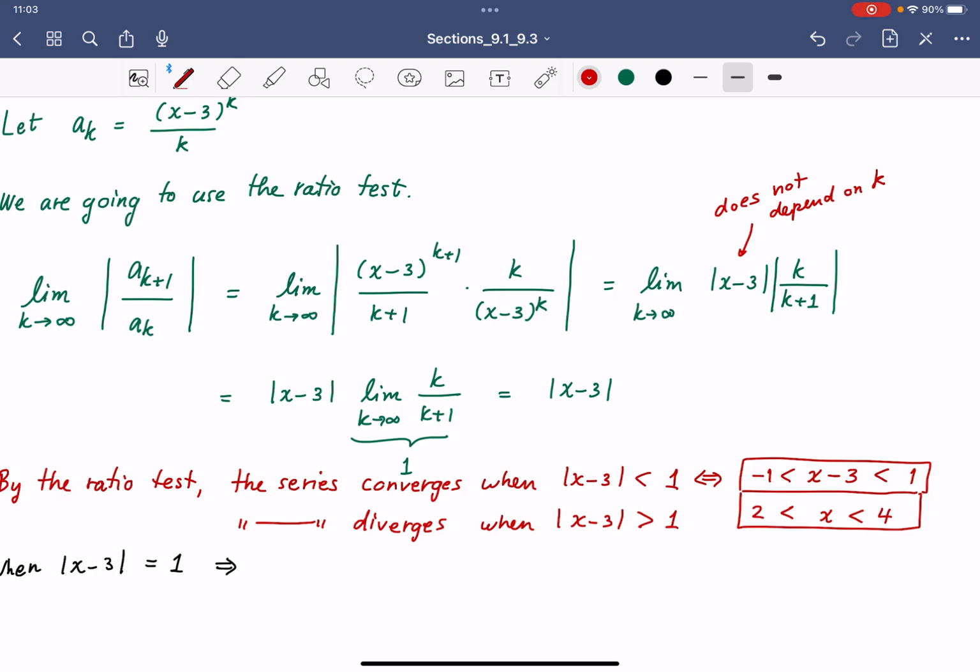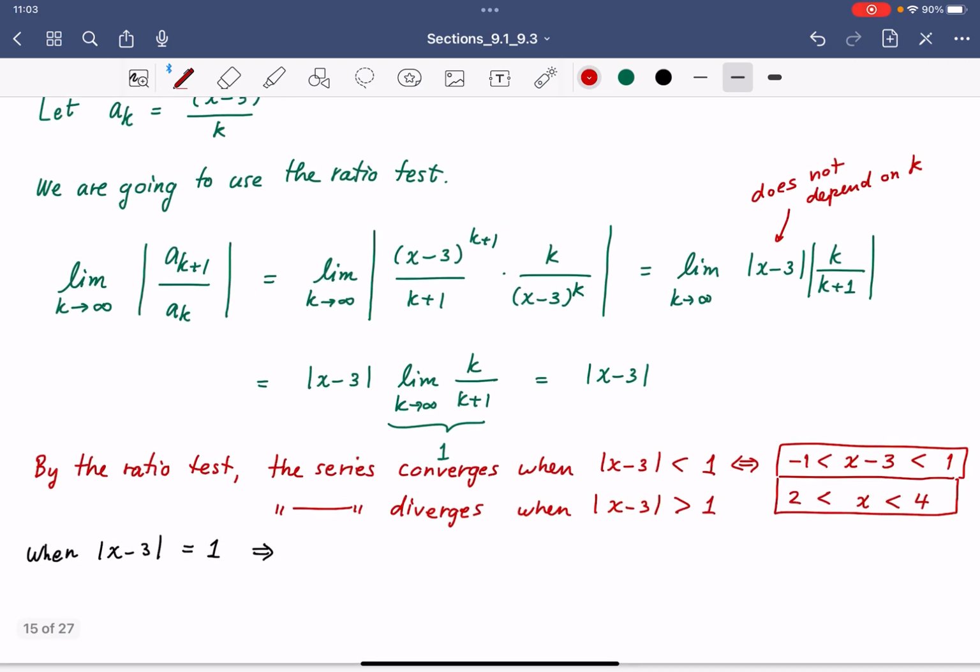The series is going to be convergent when x is in between 2 and 4. And then when the absolute value of x minus 3 equals 1, that is x minus 3 equals 1 or x minus 3 equals negative 1. That is when x equals 4 or when x equals 2.